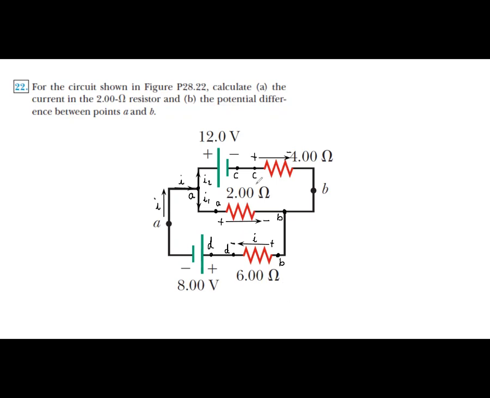Now, to solve this problem, you have to apply Kirchhoff's laws. First of all, we take the junction rule. We can take the junction at A. We have I in equals I out. We have I1 plus I2.